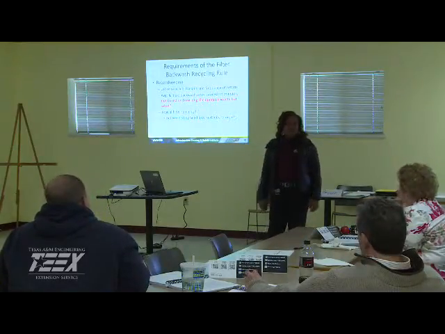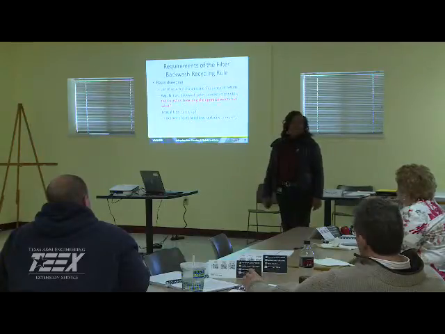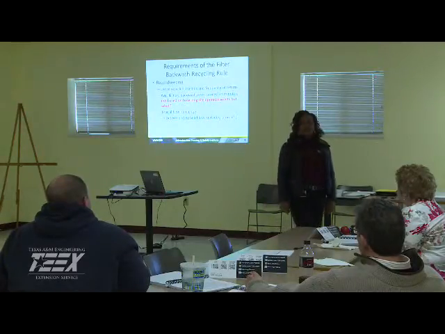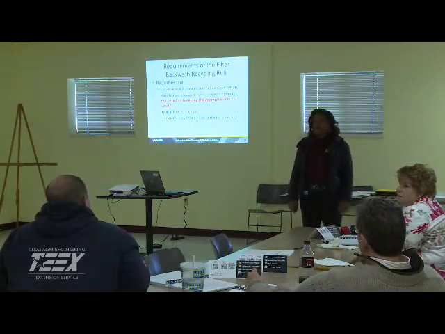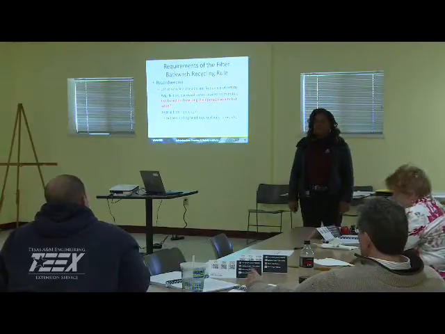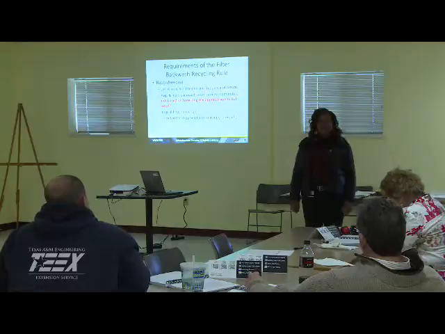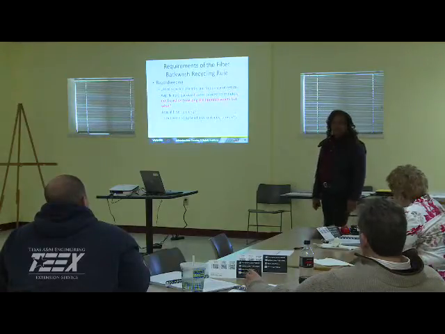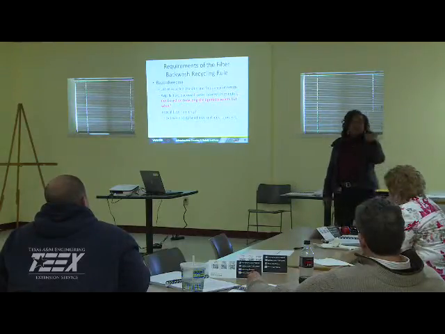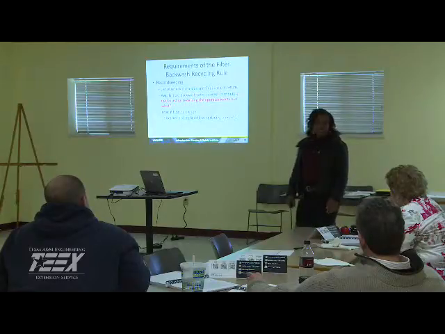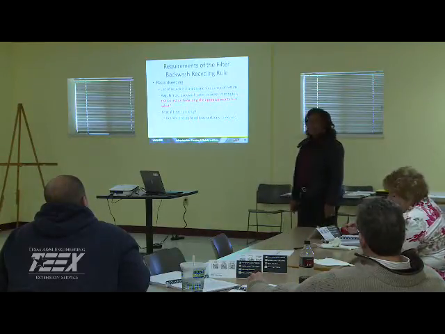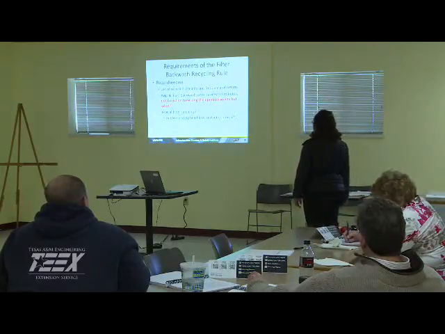And so what are we looking at for head loss? Is there a range? I'm just trying to think, 6 to 10 feet. When there's a head loss between 6 to 10 feet, that's when you start looking at it.